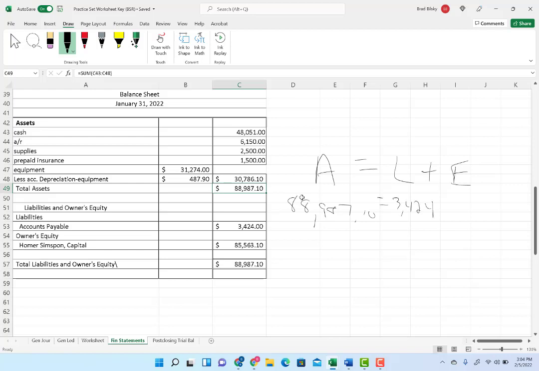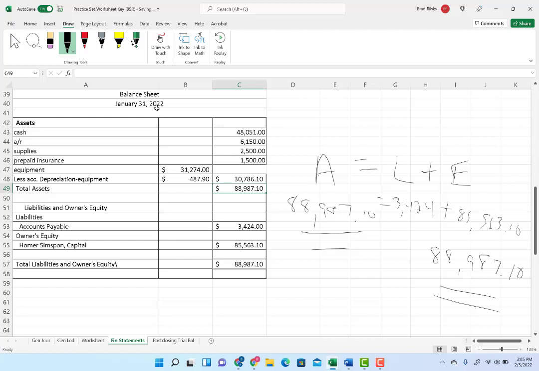Assets need to equal that liability amount plus our equity, and we can see our equity is 85,563.10. So if we add those two numbers up, they come to 88,987.10. That's exactly what we got for assets, right? Our assets equal liabilities plus equity. So we're in balance. That's a good sign to help us have confidence that we did our work properly.